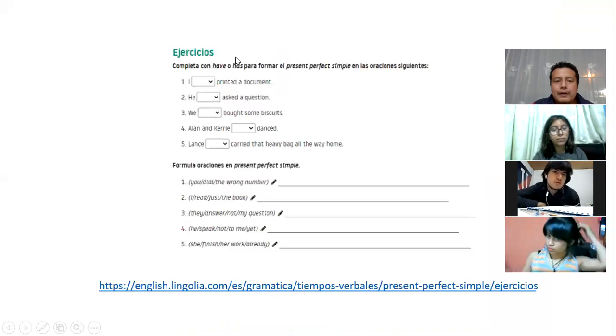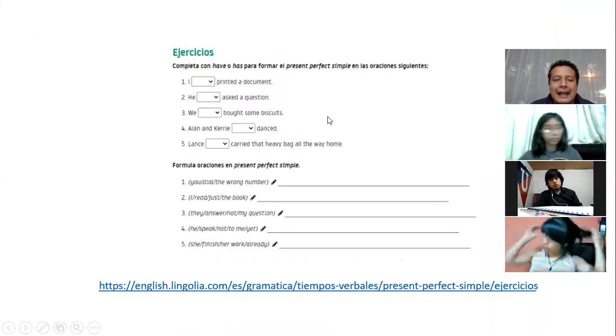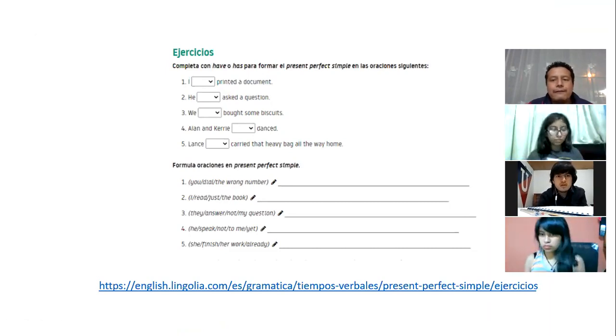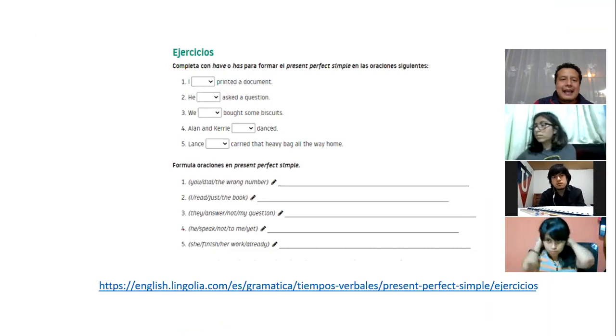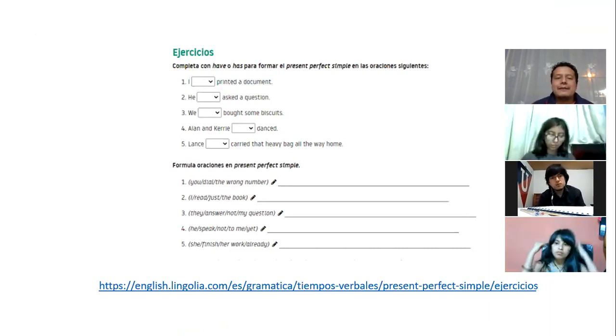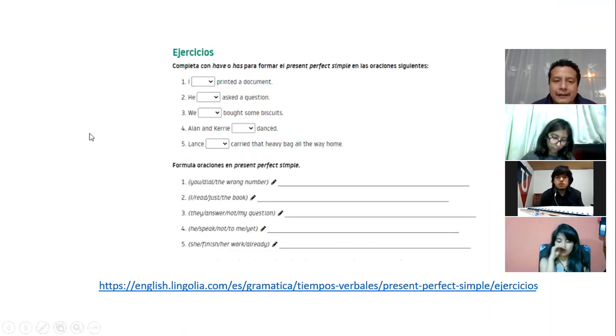For example, I live in Tulcan since 2014. I have lived in Tulcan since 2014. You use present perfect because it's something that started in the past and I continue living in Tulcan, right?